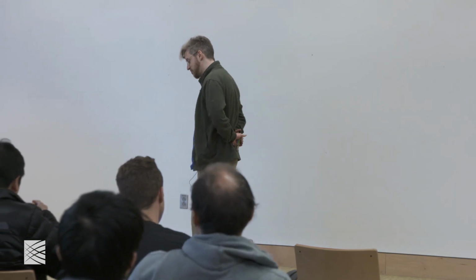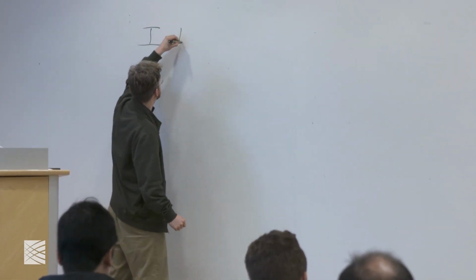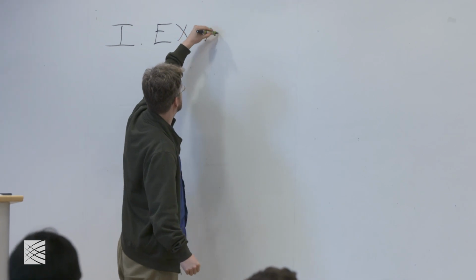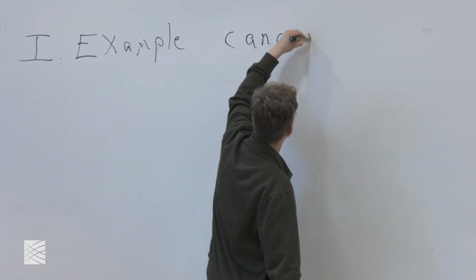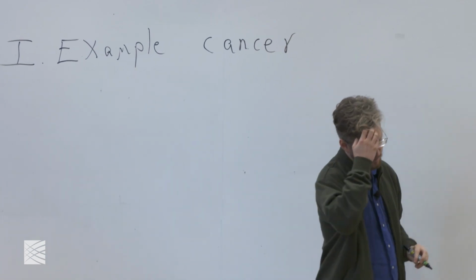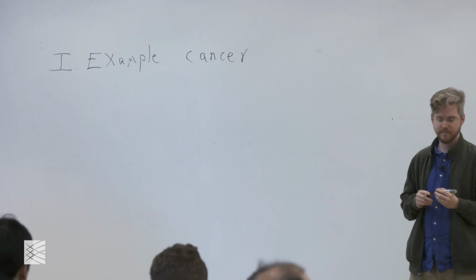Get excited. So this is work about multiple hypothesis testing, as Alex said. And I'm going to start with an example from cancer drug discovery. And we're going to think about this multiple testing problem.